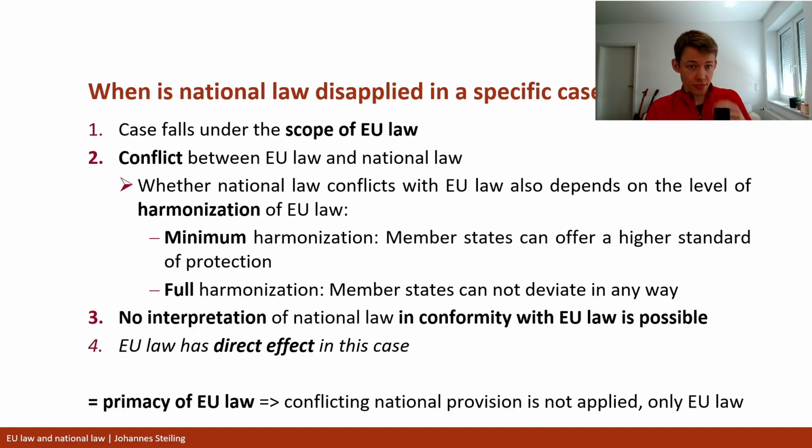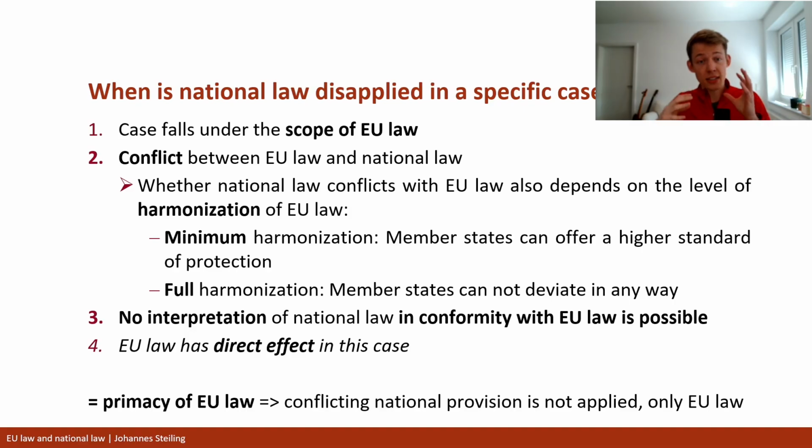Okay. So this is what the ECJ says in general. This is what primacy of European Union law means. So primacy again means that if we have scope of EU law and we have a conflict between EU law and the national provision, we will try to interpret the national provision in accordance with EU law.